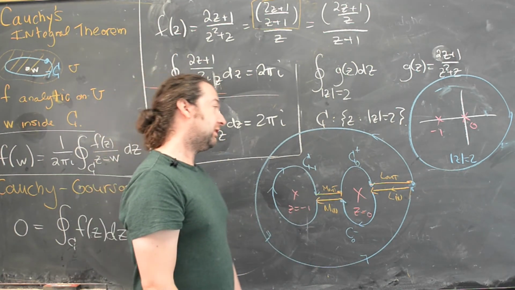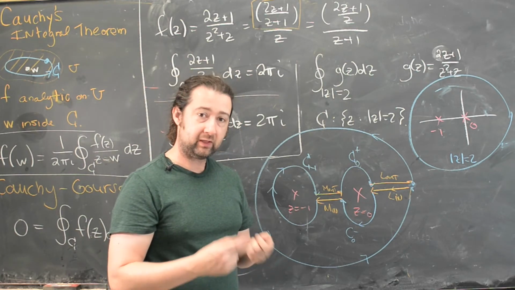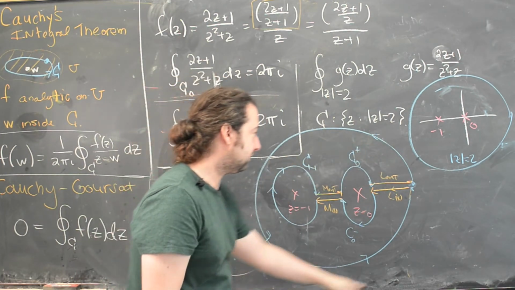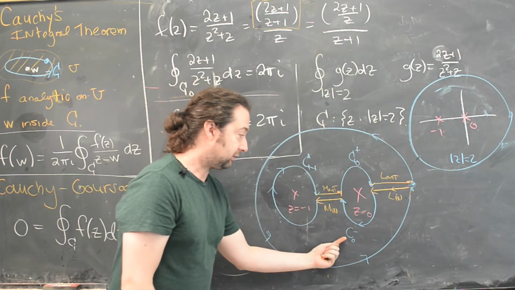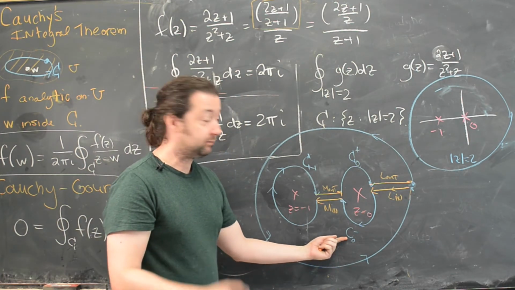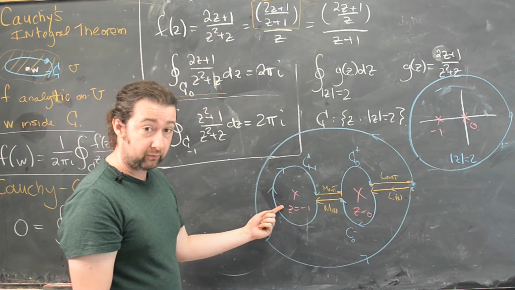Anyway, so the idea is what? The idea is that each contour we were interested in is contained inside this mega contour. Here's the contour C, which is the integral that we're interested in evaluating over. Here is a little contour around 0, but with reversed orientation. And here's a little contour around -1, but with reversed orientation.